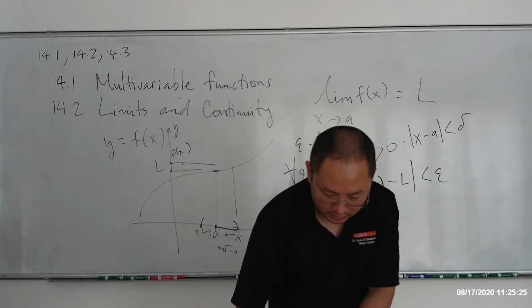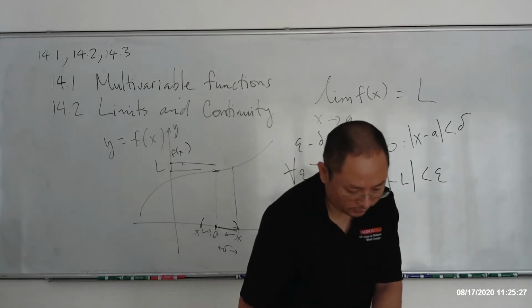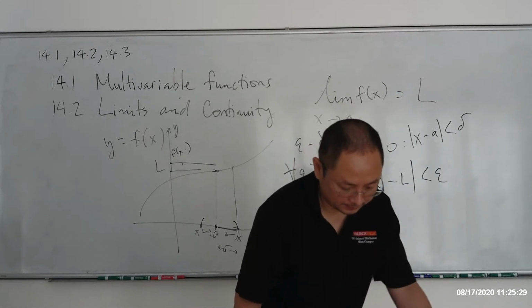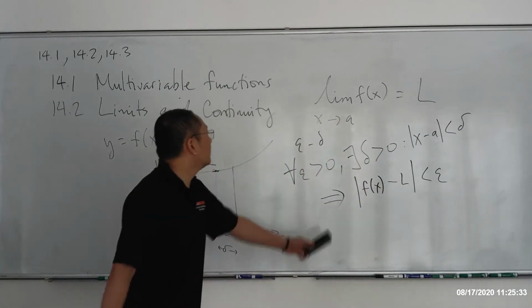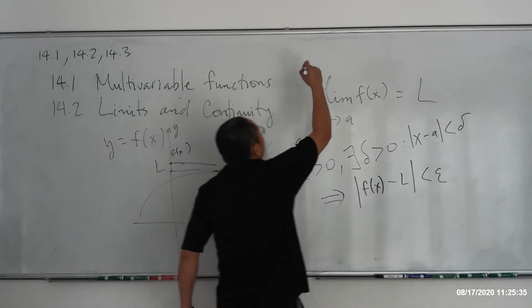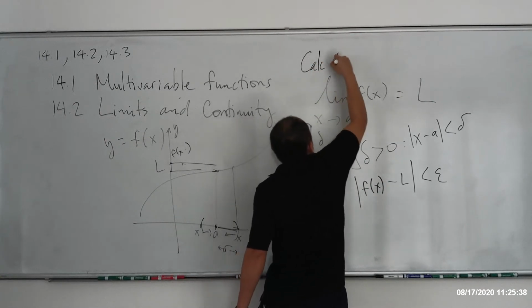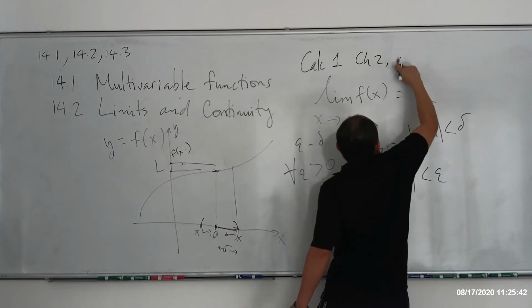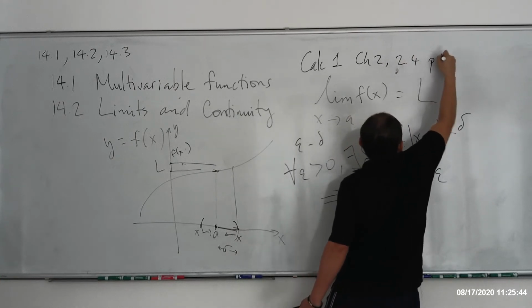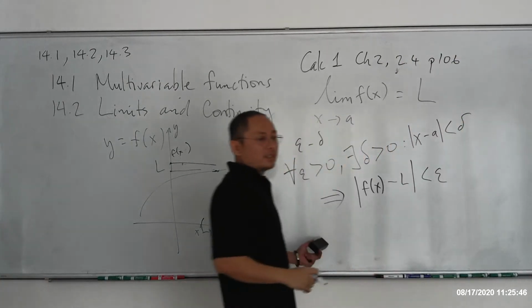The precise definition is in section 2.4, on page 106. Okay, exactly what I wrote in the book. Calc 1, chapter 2, section 2.4, page 106 is for your reference. This is a review.